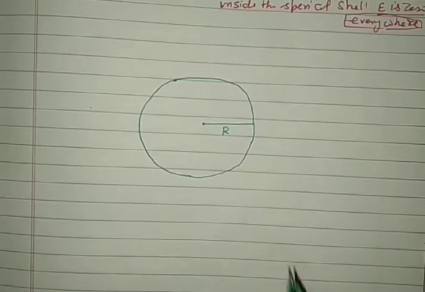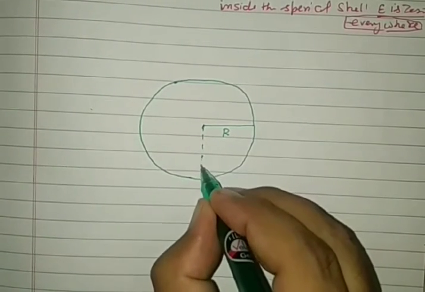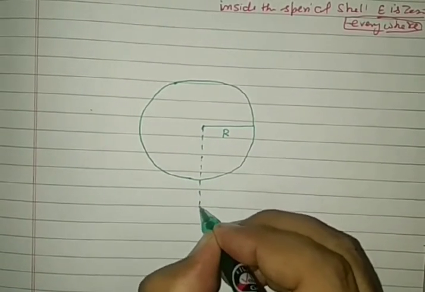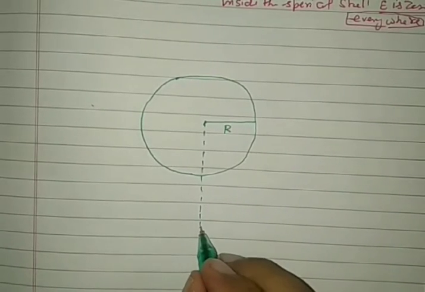Here in this representation, let us see how the graph is made.